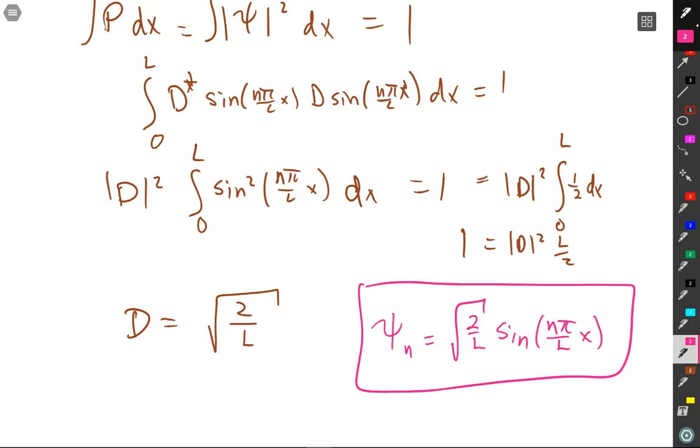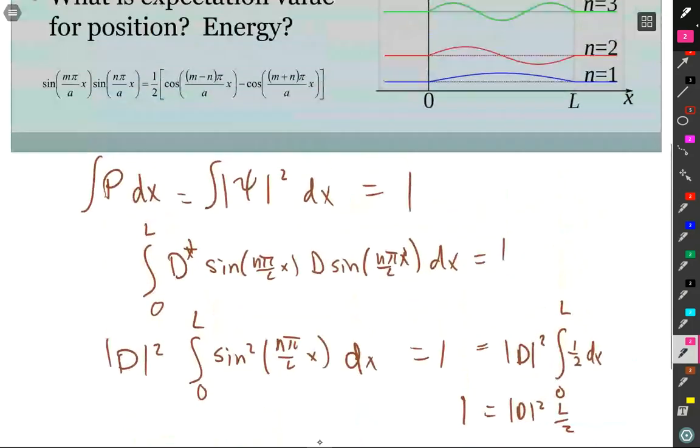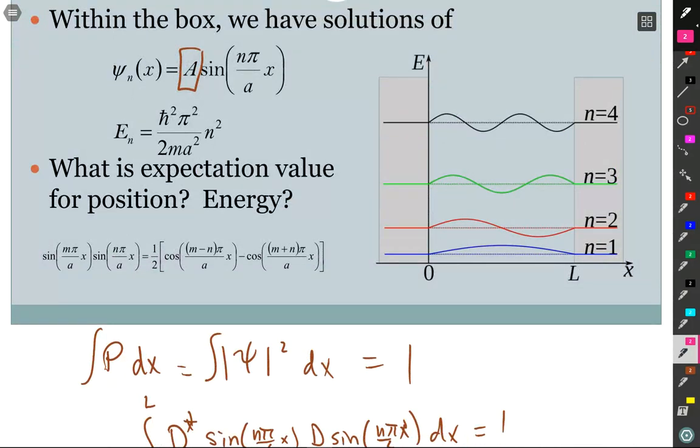And so you would have to go through the work, and both times we did this, I didn't look it up. I just said sine squared n pi over L x has to be this. I would probably actually give you a table of trigonometric identities so you could do that. So we've normalized it. So we found only two more things.